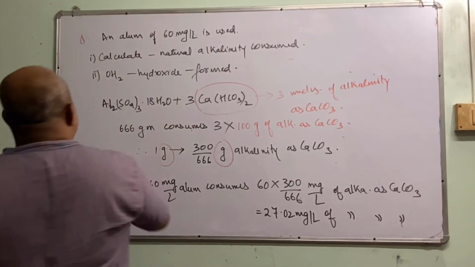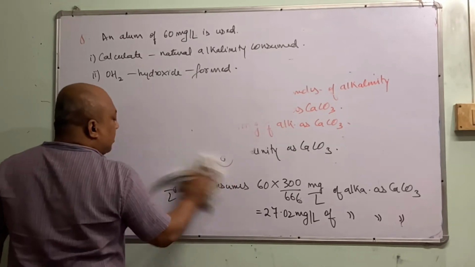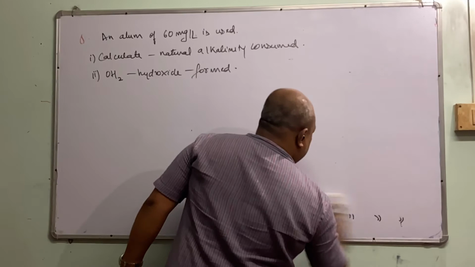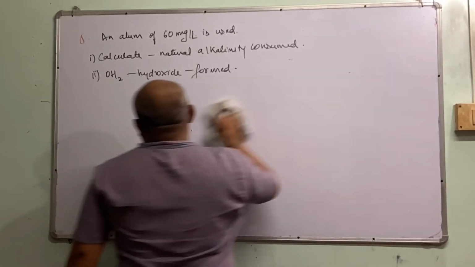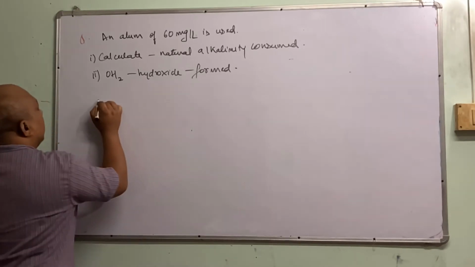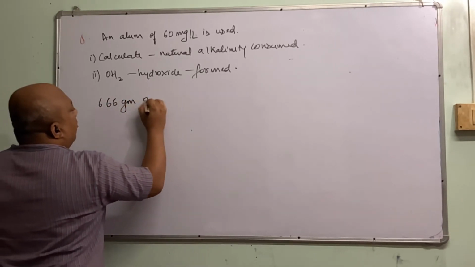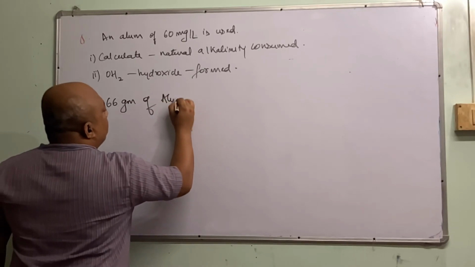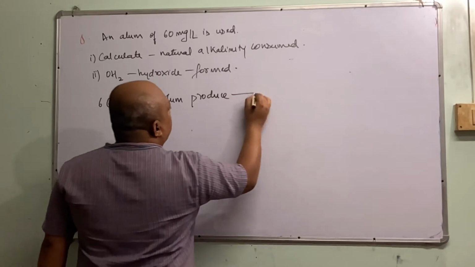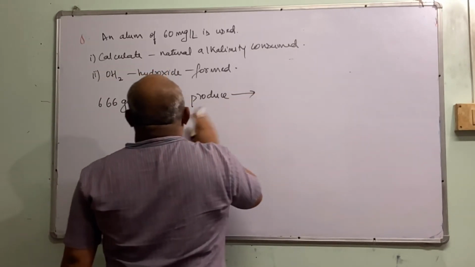So my next part is how much sludge will be produced. For the sludge, again 666 gram of alum produces how much hydroxide?